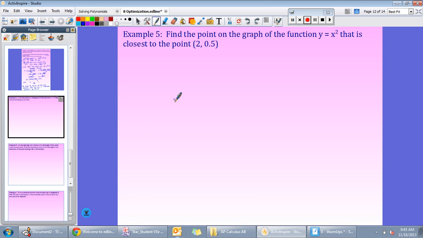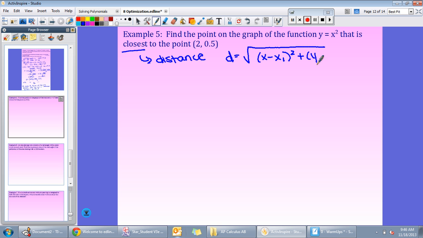Our third example: find the point on the graph of the function y equals x squared that is closest to the point (2, 1/2). Alright, closest. We're talking about distance. The distance formula from geometry is the square root of (x minus x1) squared plus (y minus y1) squared.